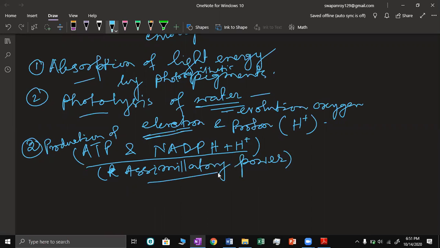So there was a production of assimilatory power, and this occurred in non-cyclic photophosphorylation.